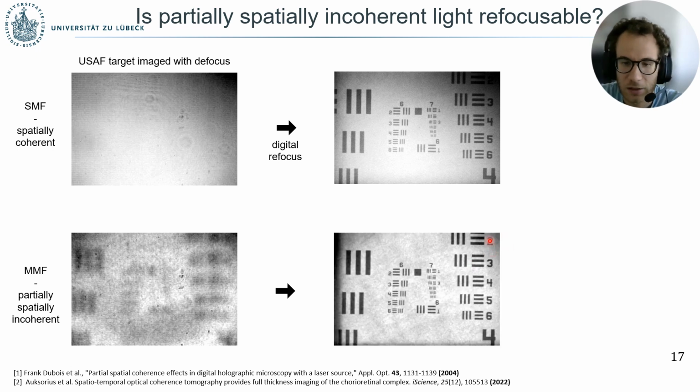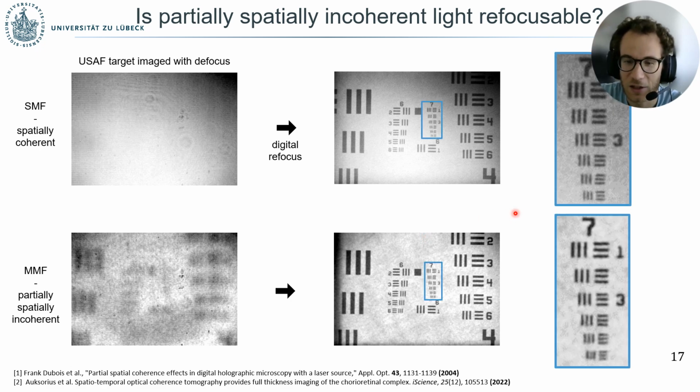And the answer is actually yes and no. Yes, we can refocus the optical frequencies that we manage to detect, but we cannot refocus those that we do not detect. And although it seems at first sight that the sample is nicely refocused and we do not lose anything, when we look more closely, we see that we are starting to lose something in resolution.